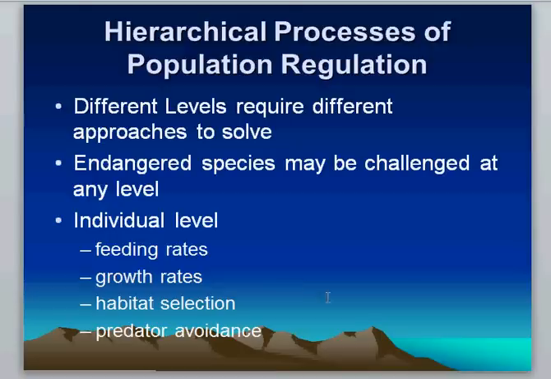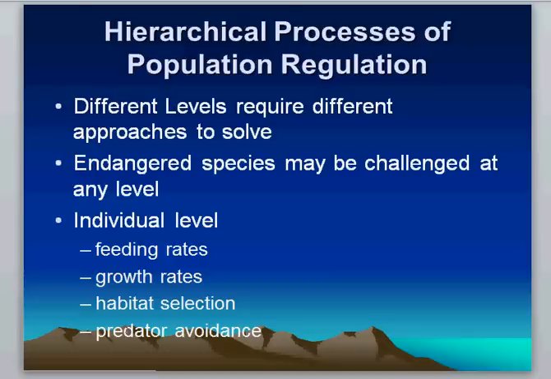Certainly it's the case for some reintroduced animals that predator avoidance behavior can be missing. So at an individual level, the population is not surviving because the new individuals in the population are being killed because they don't have that predator avoidance behavior.